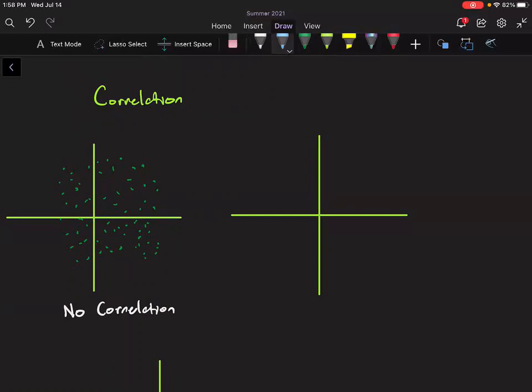But this one, if we knew that the value of x was 1, we don't really have any insight into what the y value is. It could range from down here at -5 to up here at 10. And that knowledge doesn't really change if we made x bigger or smaller. Meanwhile, there's correlated data. So let's draw an example of a correlated data set.